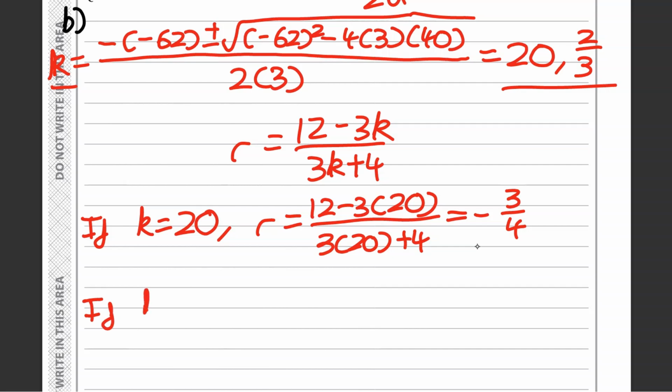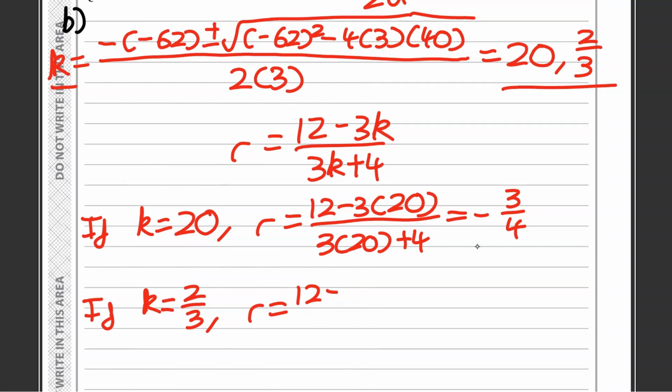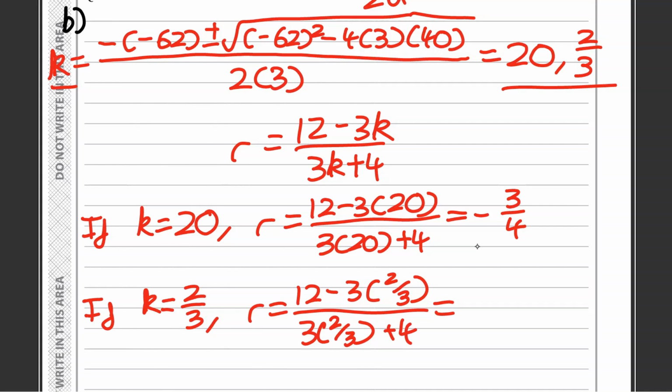If k is equal to 2 over 3, therefore r is going to be equal to 12 minus 3 times 2 over 3, over 3 times 2 over 3 plus 4. And if you put this into your calculator, it gives out a value of 5 over 3.